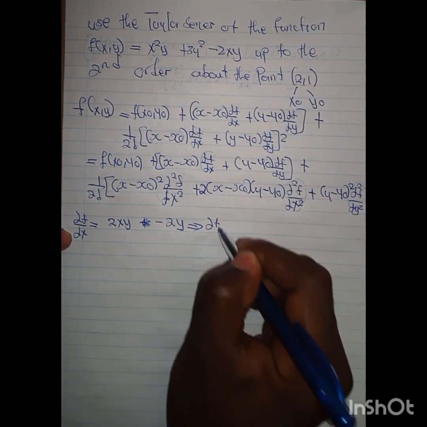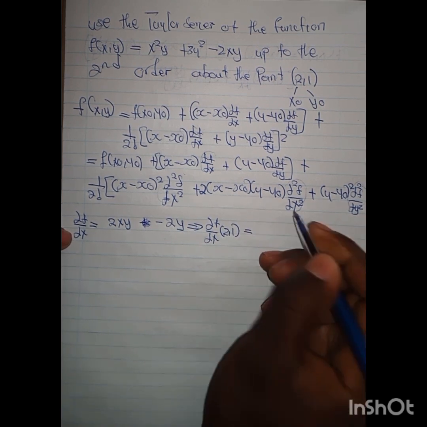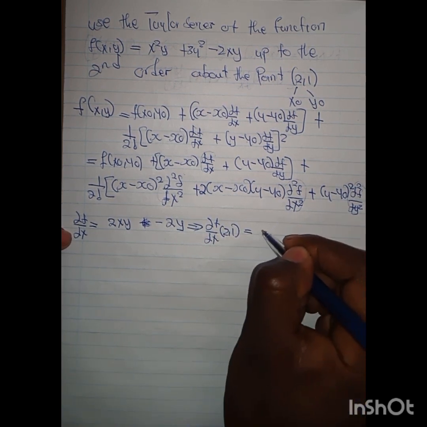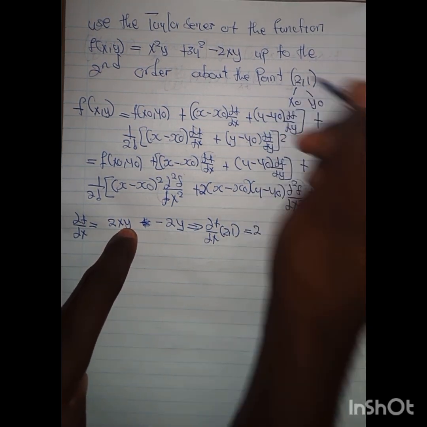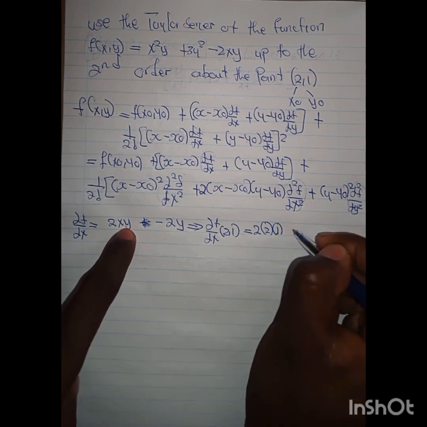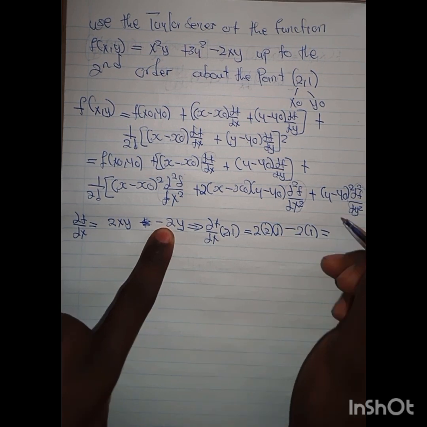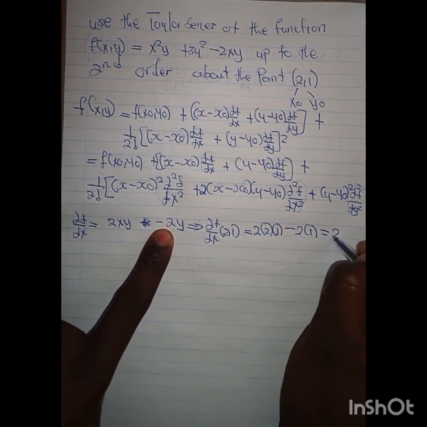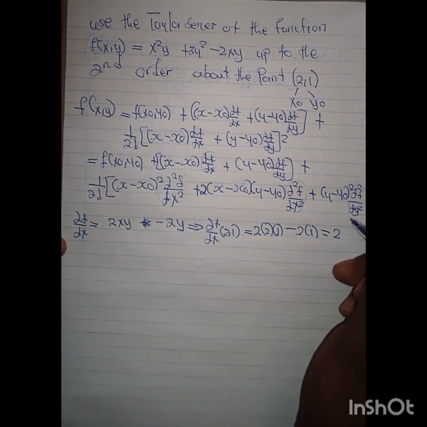So it means df dx at the point 2 and 1 must give me 2x, and then x is a 2, y is a 1, minus 2, y is a 1. 2 multiplied by 2 is a 4, 4 minus 2 is a 2. Then this 2 will represent df dx.